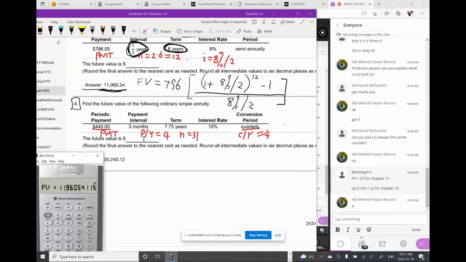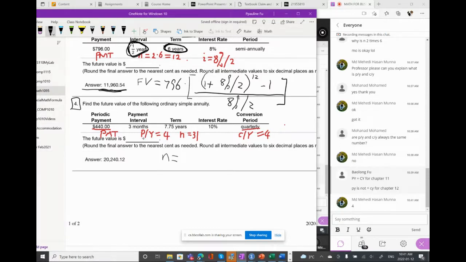Next is 7.75 years. How long you make payment? 7.75 years. So how do I calculate term N? 1 year has 12 months, so you times 12. Hold on.